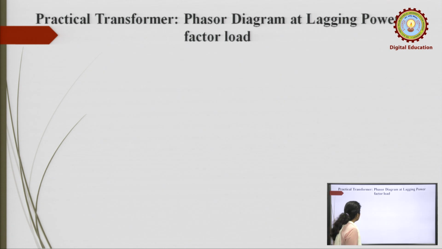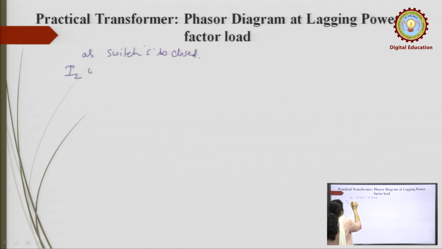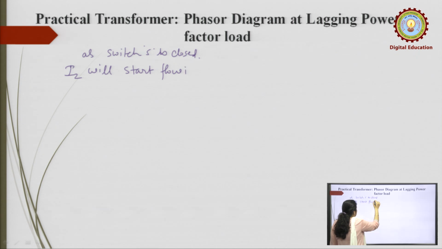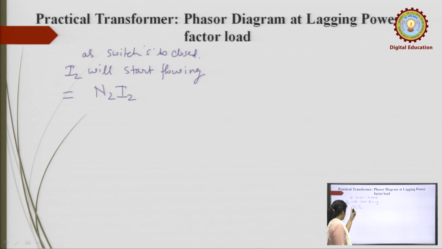Now, as switch S is closed, I2 will start flowing, and it produces its own I2 into magnetomotive force.